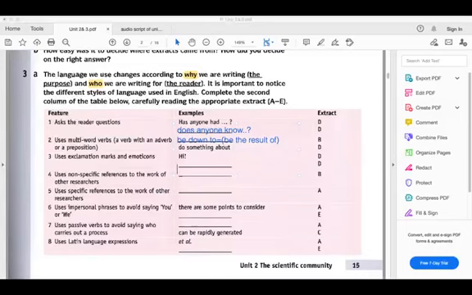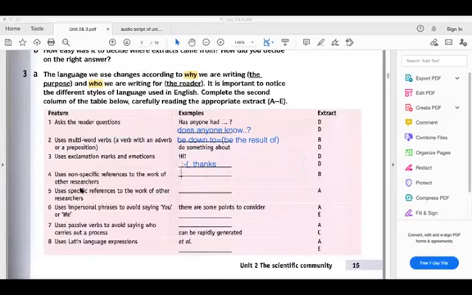Use the exclamation marks and emoticon. We find this, for example, in hi, and when the writer uses this emoticon and says thanks, all right, in extract D. Use non-specific references to the work of others.